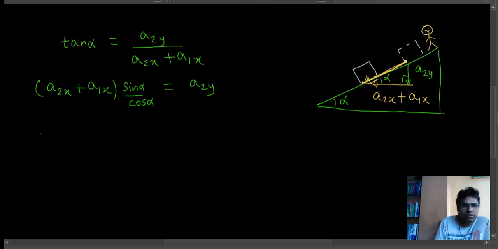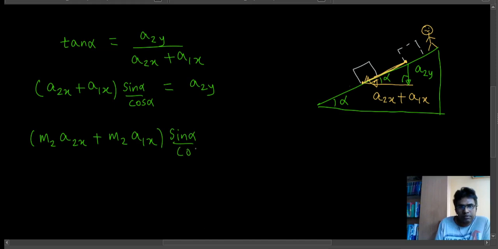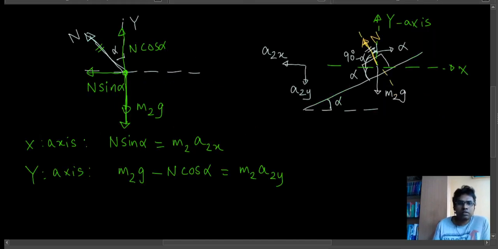In that case we would get m2 into a2x plus m2 into a1x, multiplied by sine alpha by cos alpha, and this is equal to m2 into a2y. Now we can substitute these values here. m2 into a2x is n sine alpha, which we can substitute here.